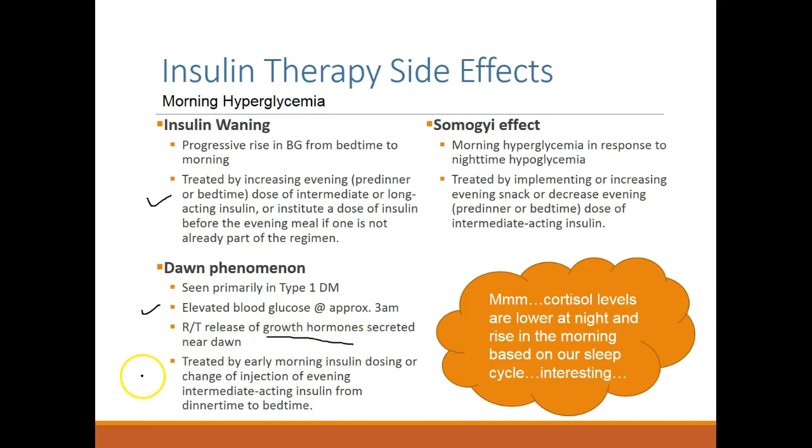It can be treated by early morning insulin or by changing the injection of evening intermediate-acting insulin from dinner time to bedtime. And also, if you think about how cortisol levels are low at night and rise in the morning based on our sleep cycle, that can also have an impact on a person's glucose level.